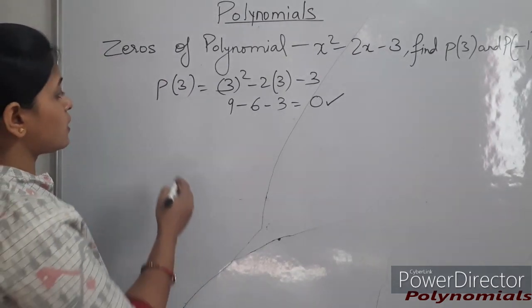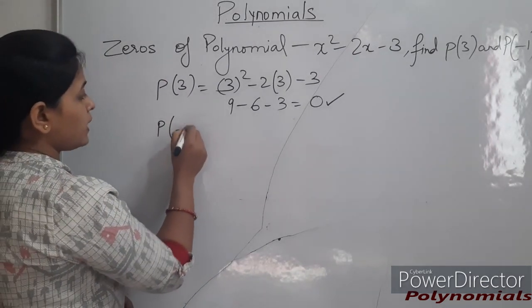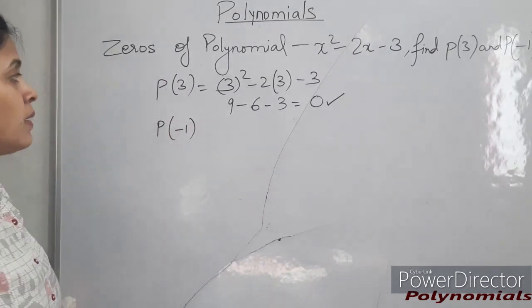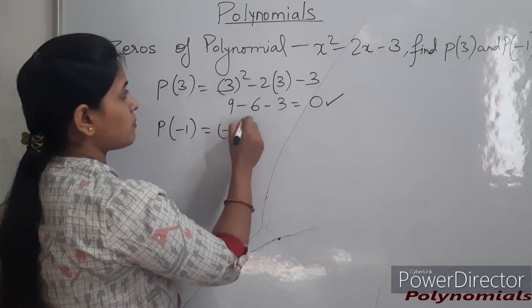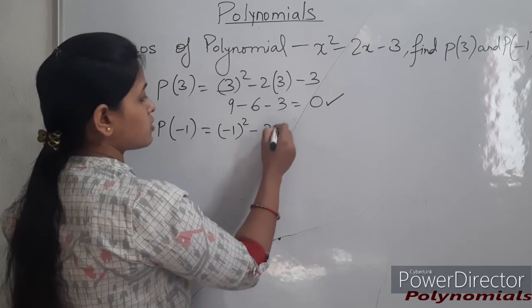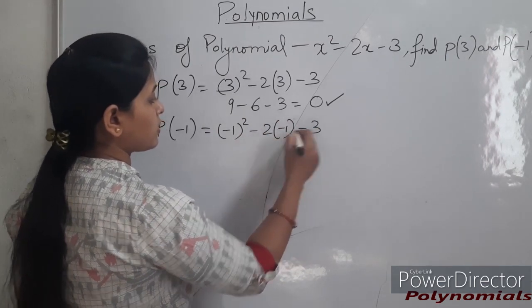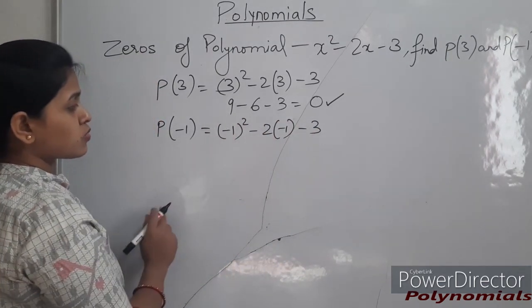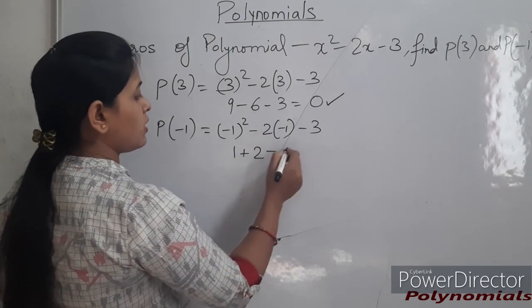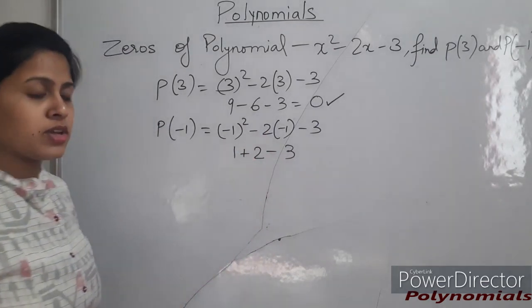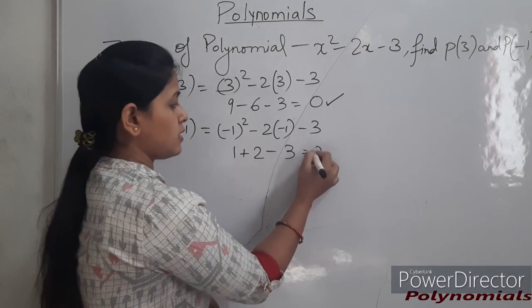Let's see the other one. p(minus 1). Again we put the value: minus 1 to the power 2 minus 2 times minus 1 minus 3. Square of 1 is 1, minus minus becomes plus, 2 into 1 is 2, minus 3. 1 plus 2 is 3, 3 minus 3 is 0.